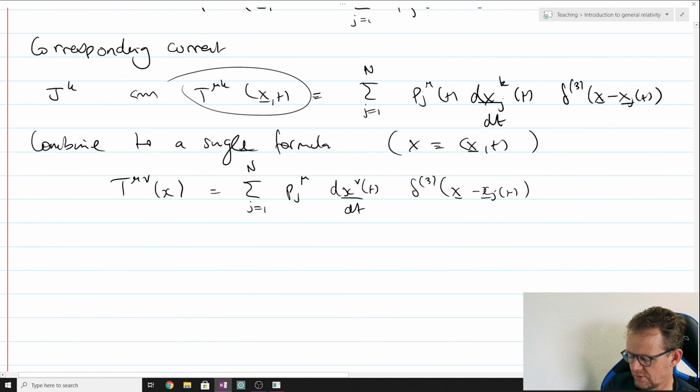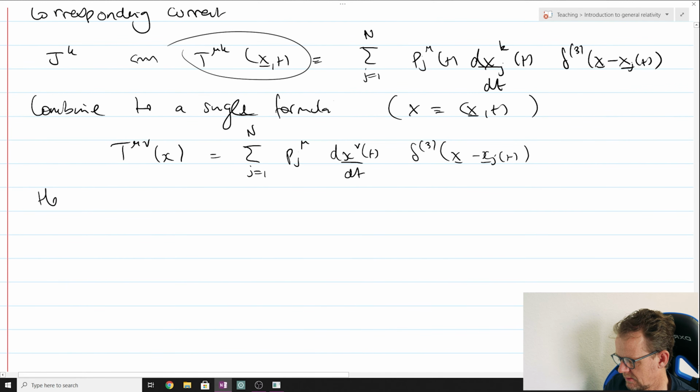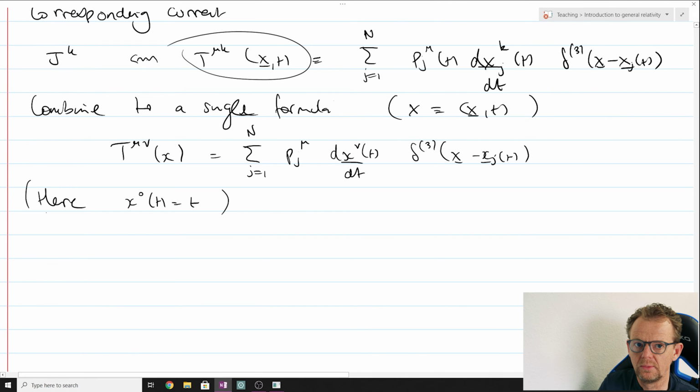This is the distribution of the mu-th component of 4-momentum and the nu-th component of the current, where it's going. Just a reminder, x^0(t) is none other than t, because the zeroth component of a space-time location 4-vector is just the time.